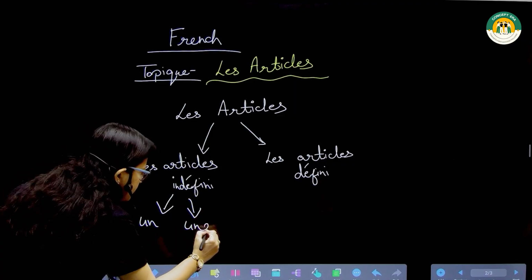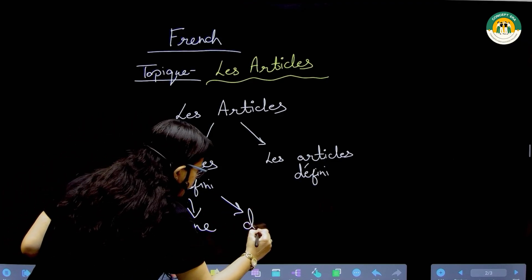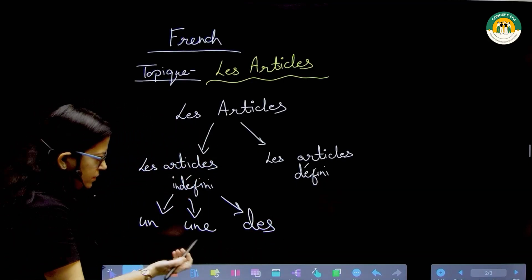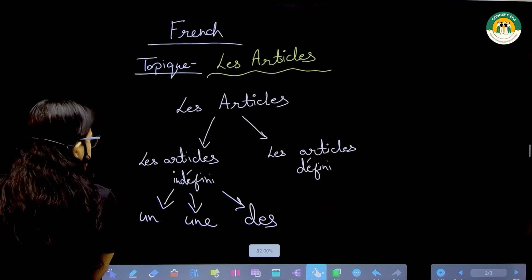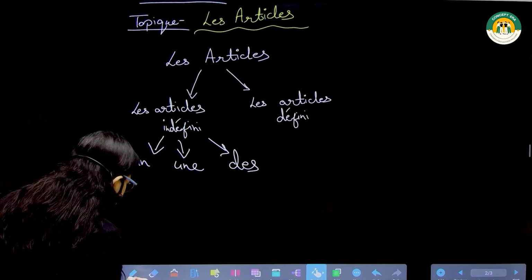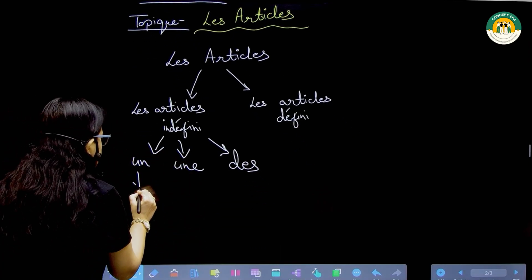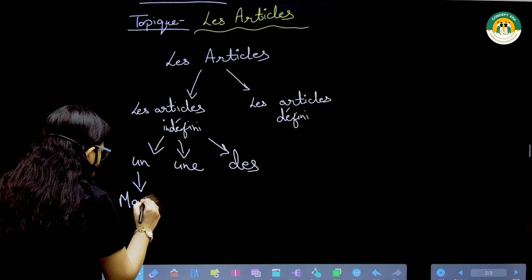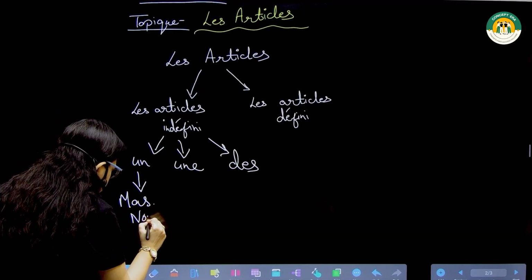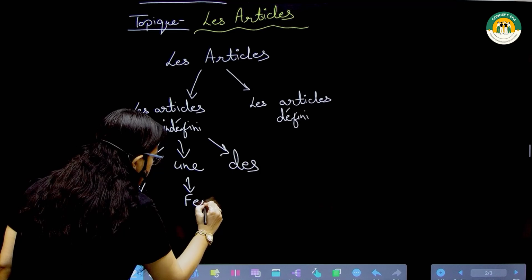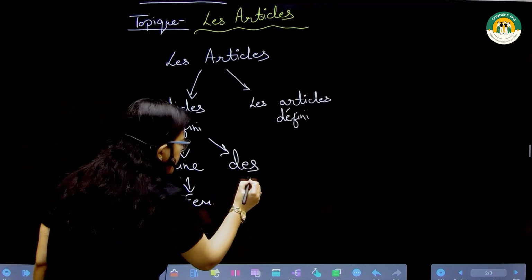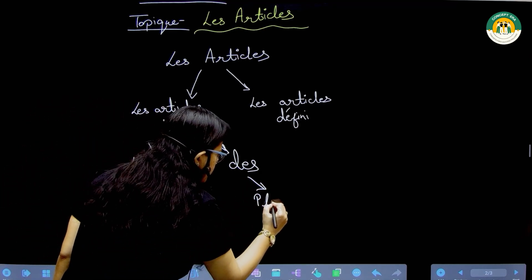une, des. Un, une, des. These are the three types of article indéfini. So un is used for masculine singular noun. Une is used for feminine singular noun. And des is used for plural nouns.